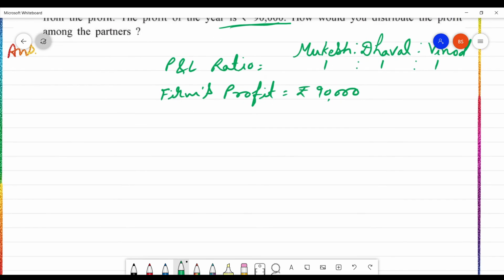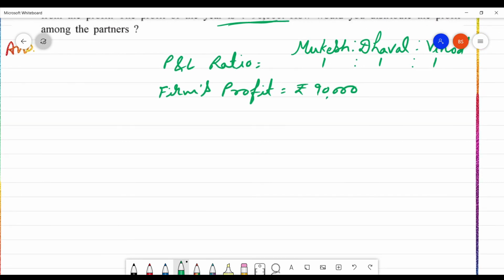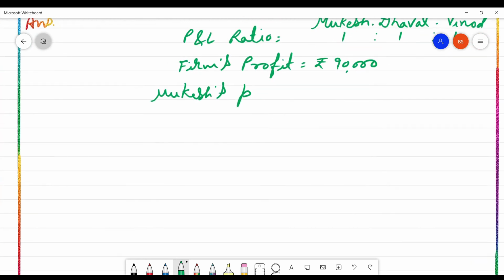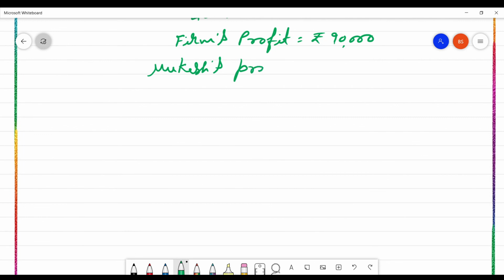Let's distribute among Mukesh, Dhaval and Vinod. So Mukesh's profit will be 90,000 into 1/3, rupees 30,000.